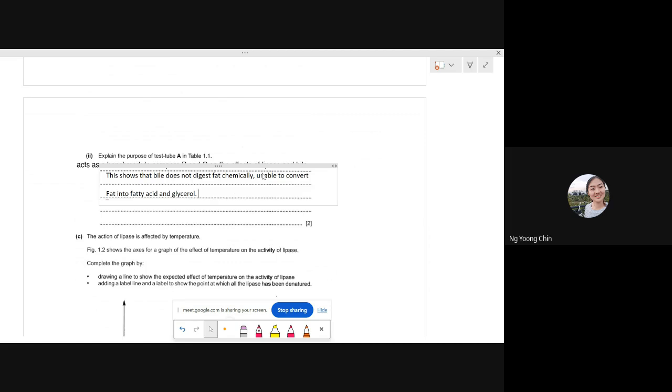So that's why there's no production of fatty acid in test tube A. So this proves that lipase enzyme is required for the chemical digestion of fats to become fatty acid and glycerol. So you explain the reasons, which is that bile is not an enzyme.